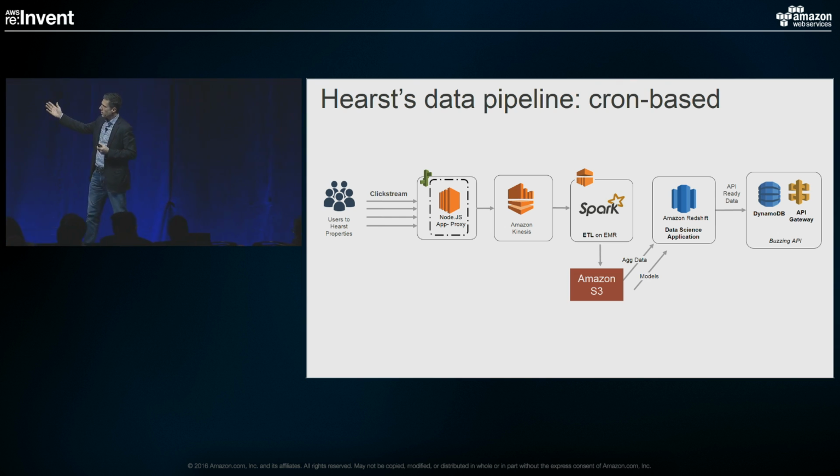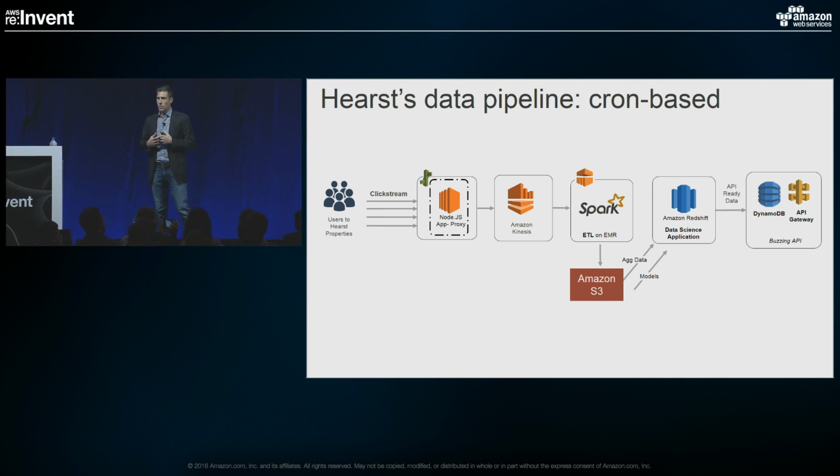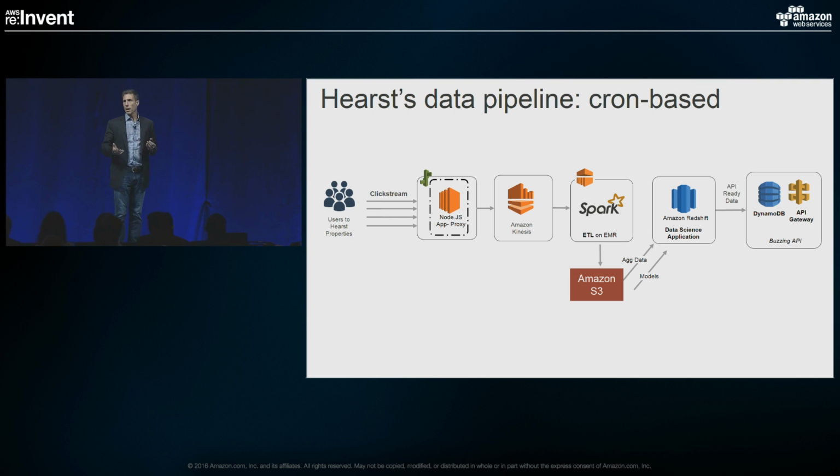Our clickstream collects data from all of the 300 plus websites around the world. We're collecting 100 terabytes of data in a year across all the different properties and streaming it into a Kinesis stream. And then we're performing ETL on it in a Spark cluster.